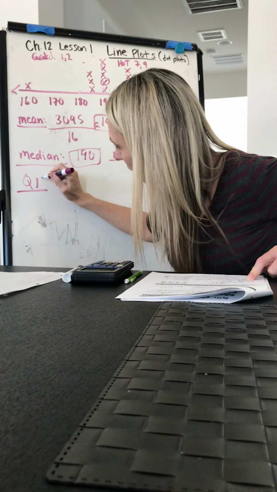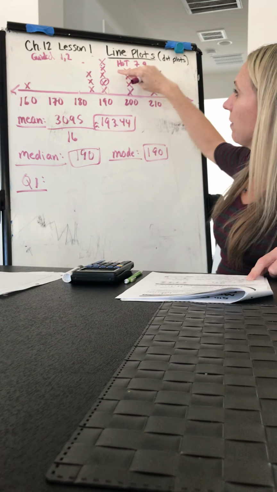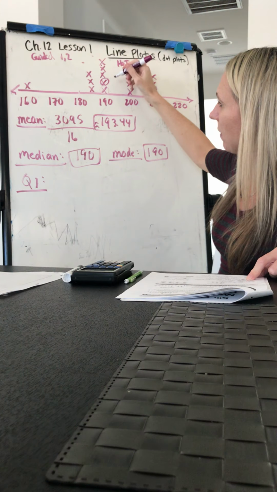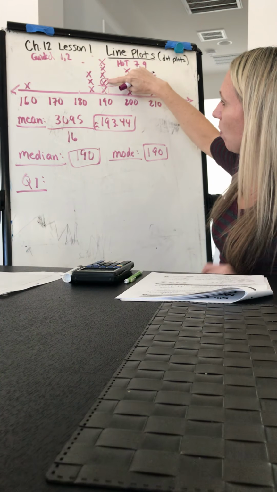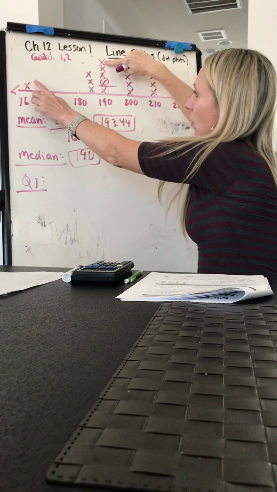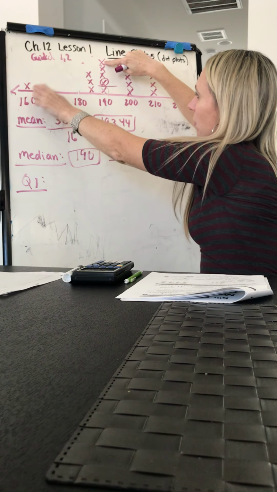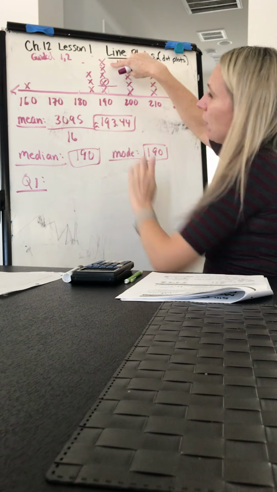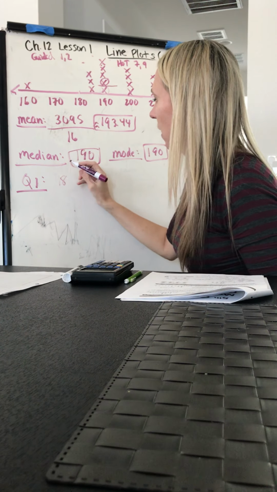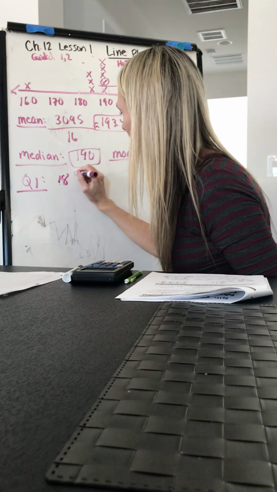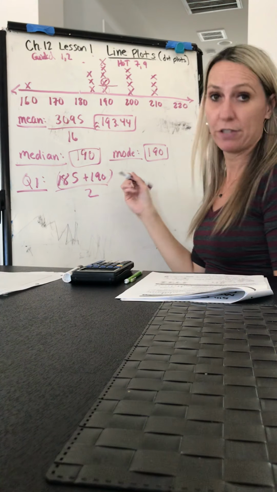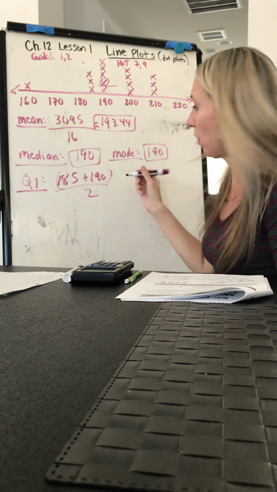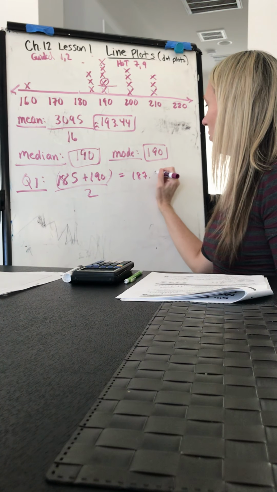So now we're going to find the quartile 1. So now we're going to cut this in half here. And we're going to go 1, 2, 3, 4. 1, 2, 3, 4. So I have 185 and 190. There's a tie. So we're going to add those up and divide by 2, which is going to give us 187.5.